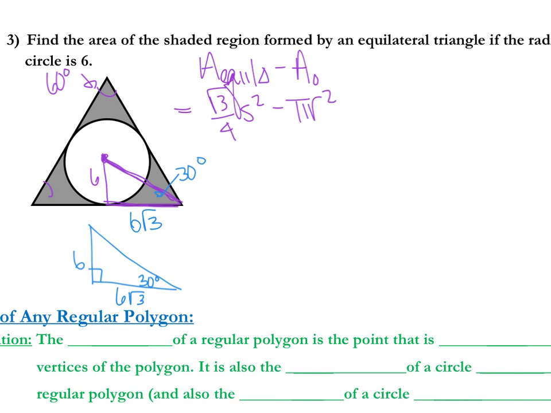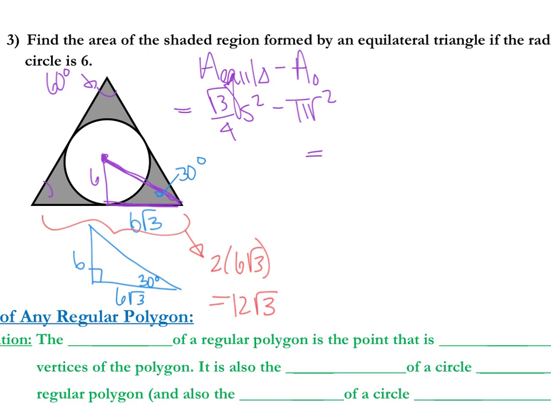What we have to do is double it to get the full length. So once again, we found that the long side was 6 root 3, but we had cut that triangle out from up here, and we need the full side in order to use the formulas, which equals 12 root 3 when you double 6 root 3.